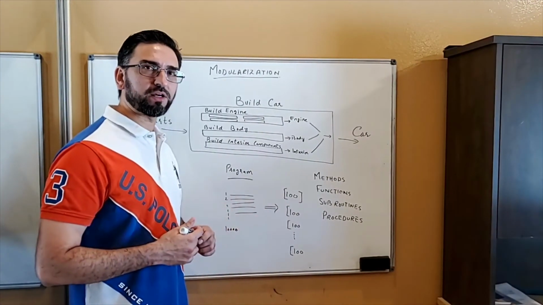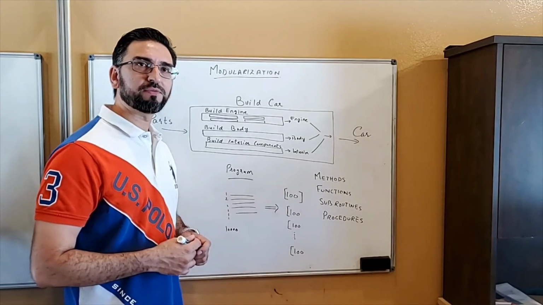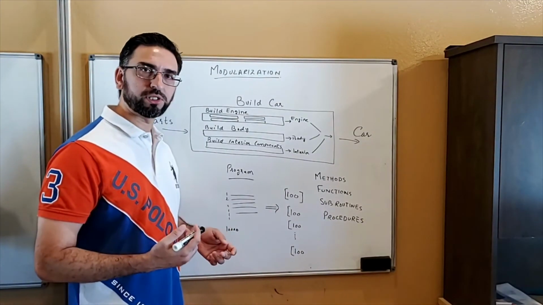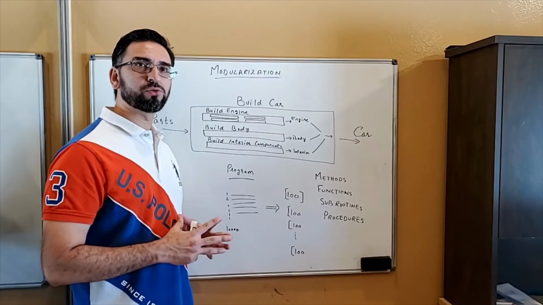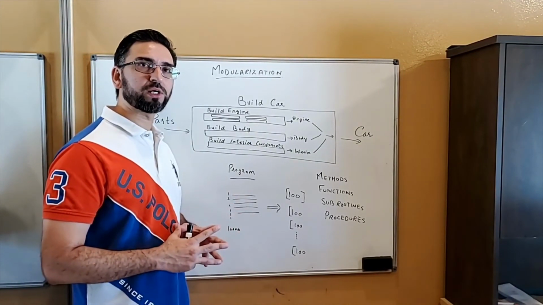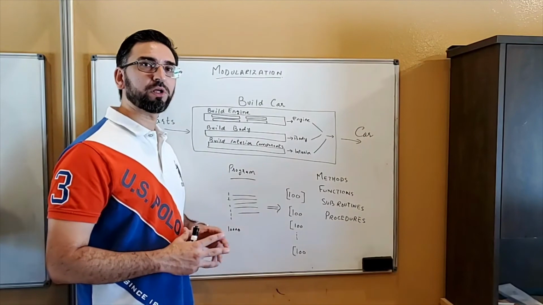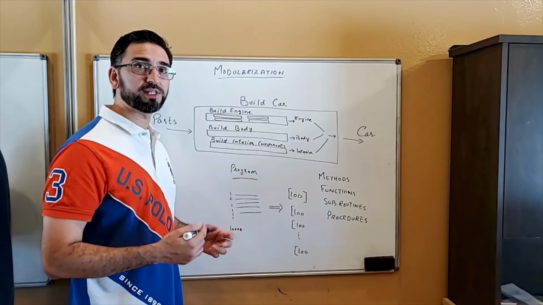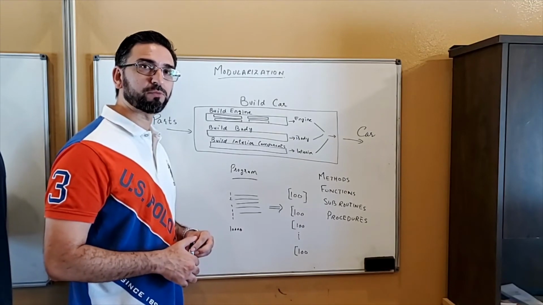If we think hard enough, we will understand that it is extremely important for a program to be modular, because it will not only allow us to understand the program easily, it will also make it more reusable. Program reusability is another very important piece of modularization.